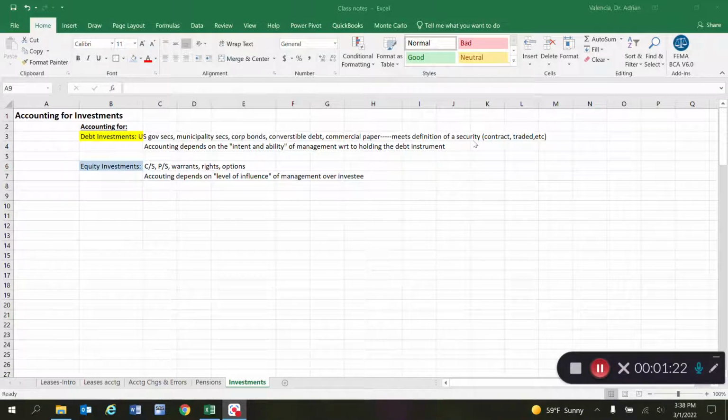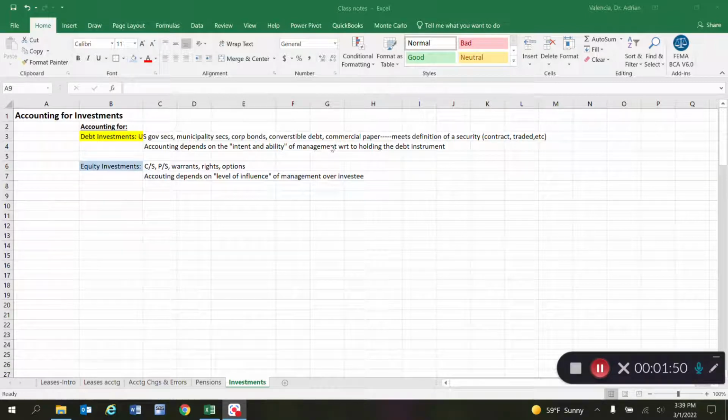And what that means is that this is not just an accounts payable, regular trade payable. No, this is something that is based on a contract, is most likely traded and meets the definition of a particular security.